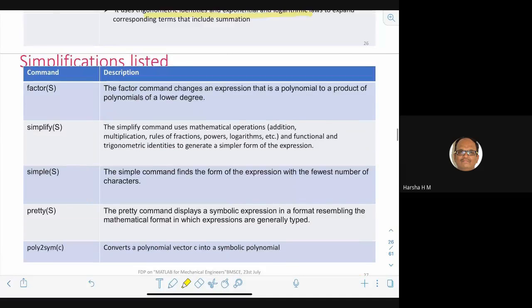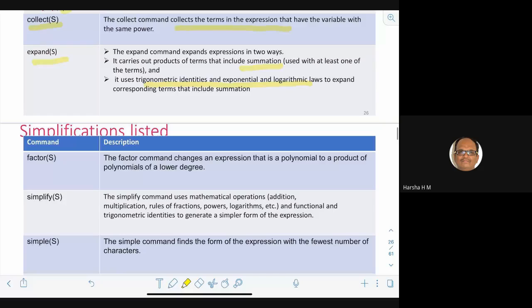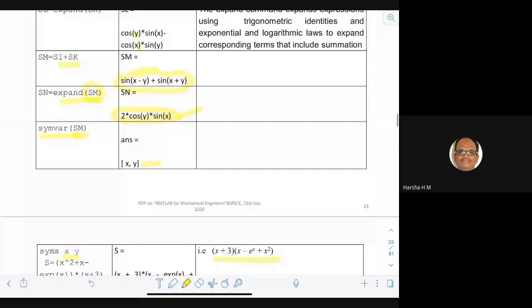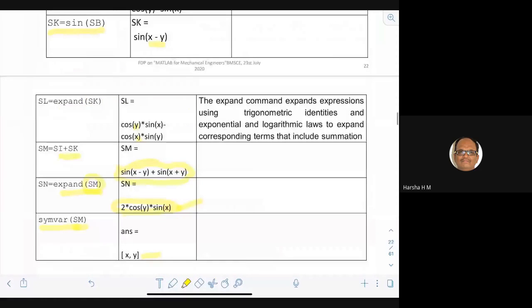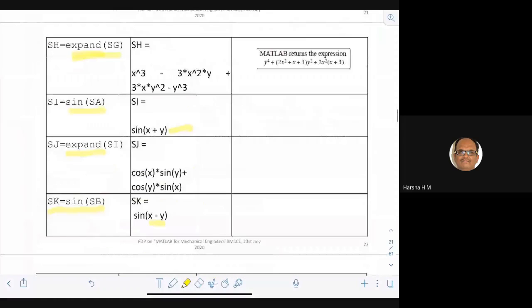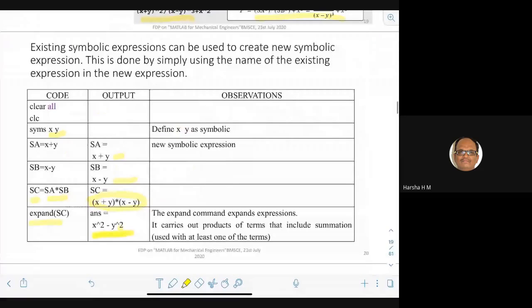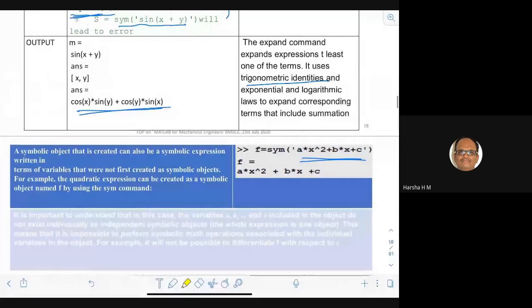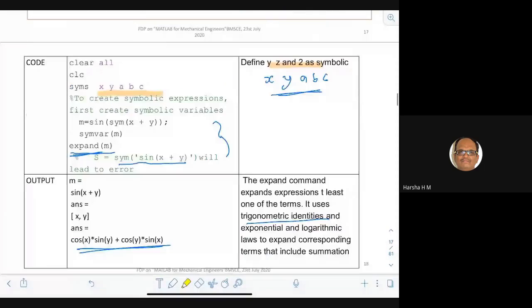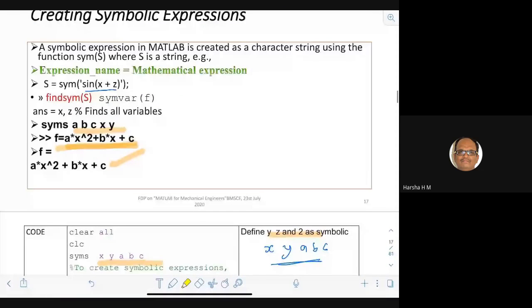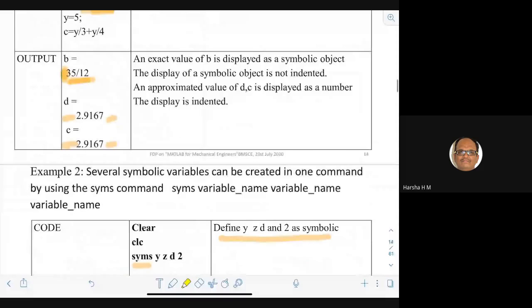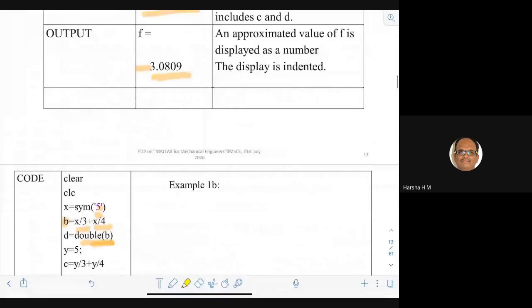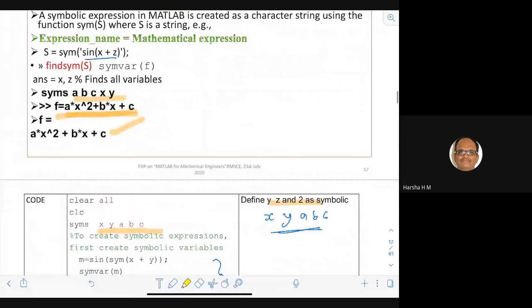And of course, the factor command is there. I think I had missed it out in one of the examples here. Somewhere I had written this. I think I might have just jumped it in the PPT. Anyway, we'll use it later. You can always do factor.